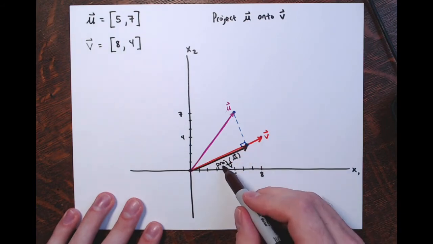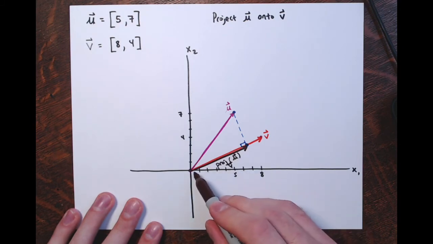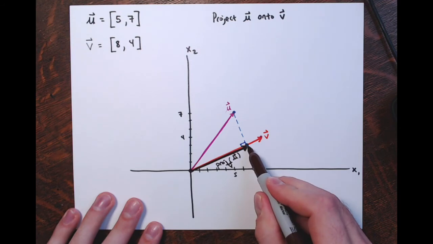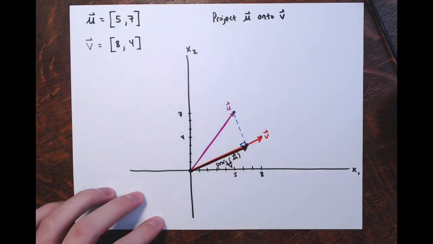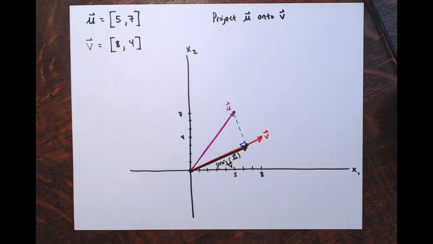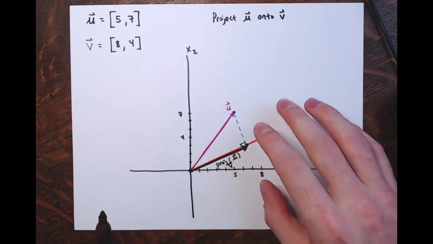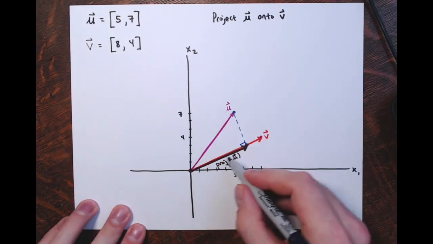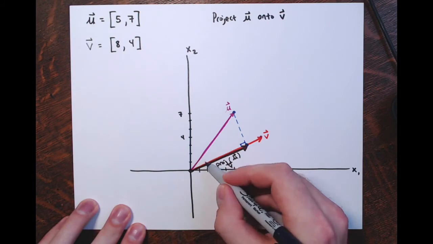That's this vector I just drew here, ending at this point that's directly beneath the end of vector u, going straight down to vector v, perpendicular to vector v. Okay. And then as I drew in my previous picture, vectors u and v have some angle between them.